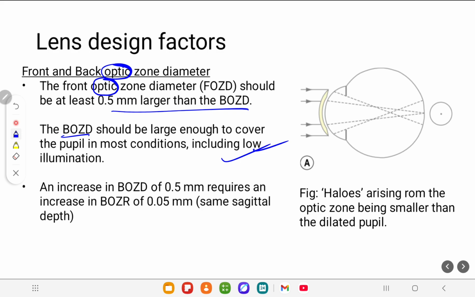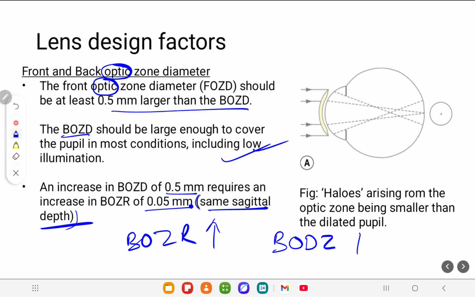You have to understand this. An increase in BOZD of 0.5 mm requires an increase in BOZR of 0.05 mm. Why? To keep the sagittal height constant. So basically, BOZR increasing means decreasing sagittal height. At the same time, BOZD increasing means increasing sagittal height.